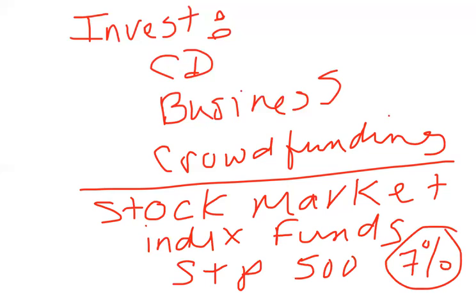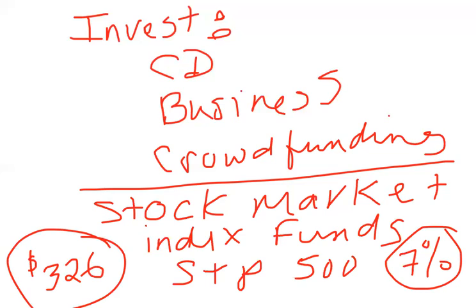You just put your money in the index fund and just let it ride the market. I think I saw it this afternoon, the shares of the S&P 500 were trading for about $326 a share. So you could take that $2,000 and put it into the S&P 500 and let it ride the market, guys, for the next 3 years.